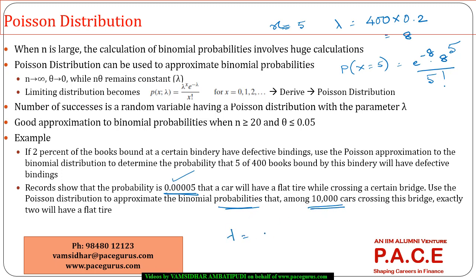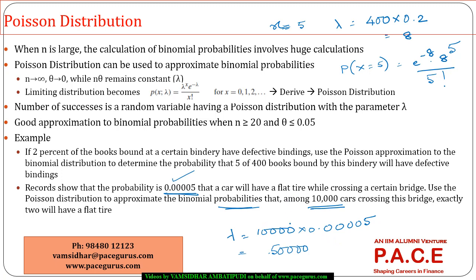Lambda is n theta, which is 10,000 times 0.00005, which works out to 0.5.